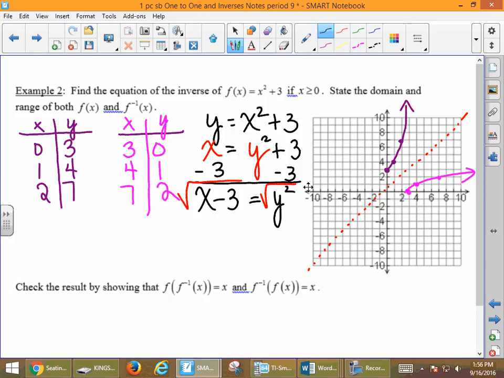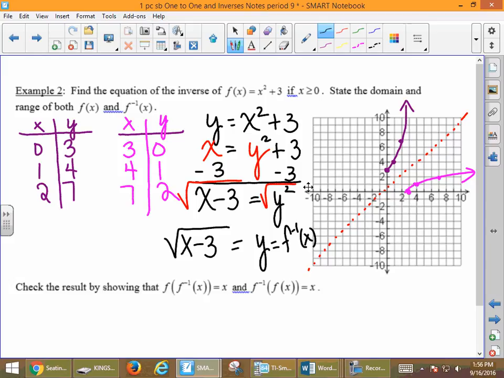So our inverse is the square root of x minus 3. And I'm going to write that with the inverse notation. So this equation, the square root of x minus 3, is what's in that lilac purple color. That's the equation of that graph.